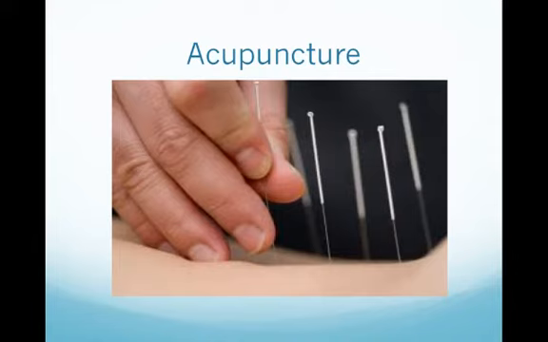Acupuncture is a traditional Chinese practice that involves inserting small needles and applying heat or electrical stimulation into precise parts of the body. For individuals experiencing phantom limb pain, the acupuncturist will often place the needles on the limb that was not amputated. So if the right arm was removed, needles would be placed into the left arm in areas where pain has been reported in the phantom limb.